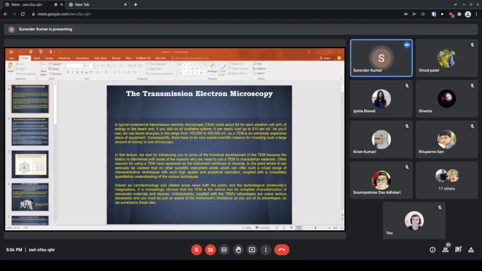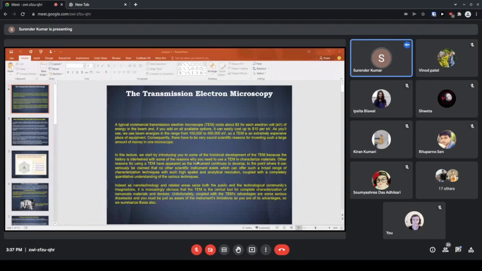When you do this, there are different signals. If you see here, this is the incident beam, and these are some kind of your sample here in yellow color, for example.